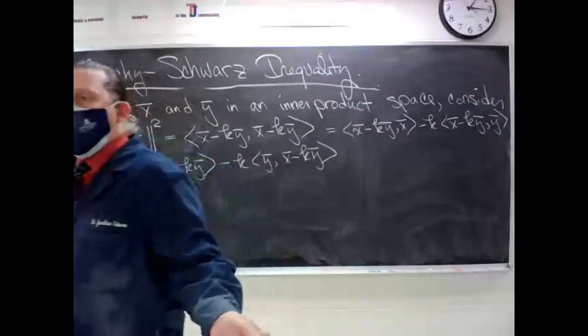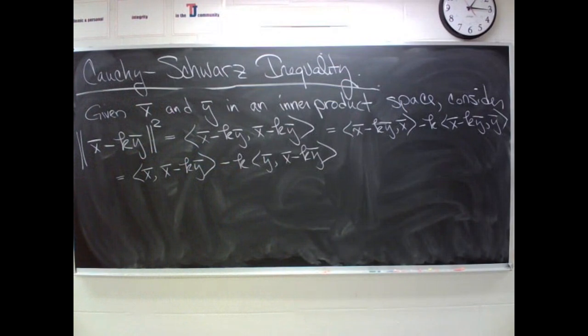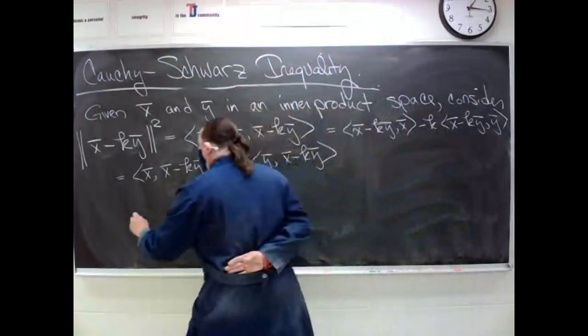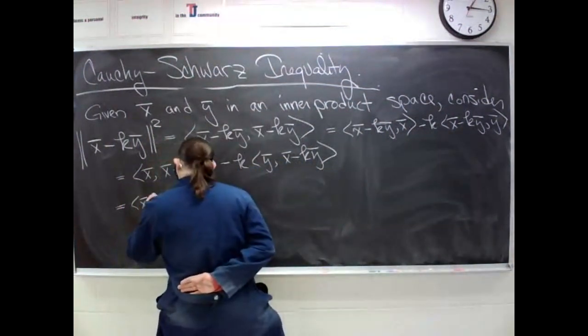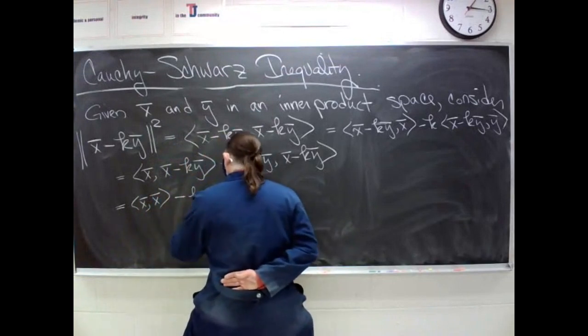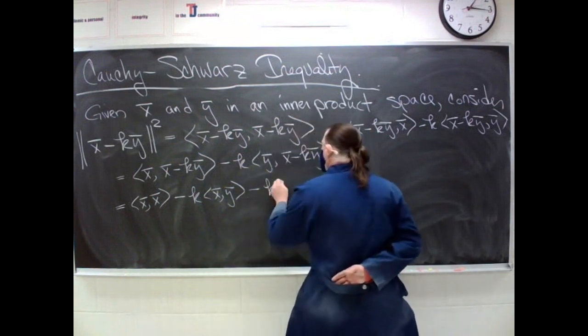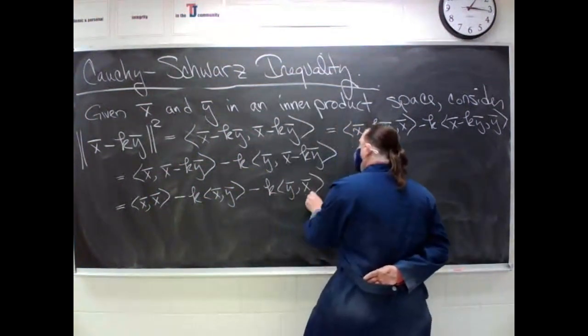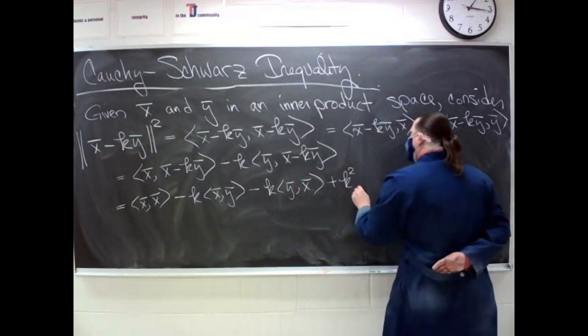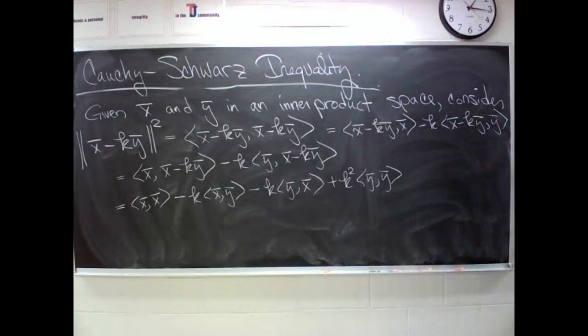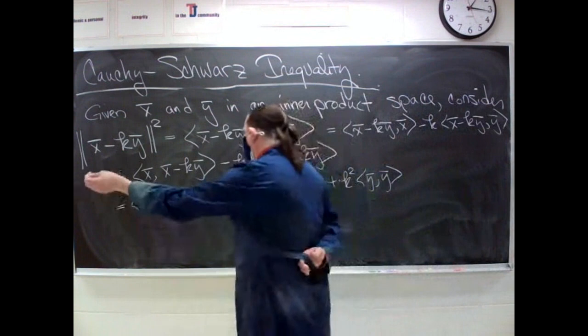What I used there, of course, was property 2, symmetry. And now, I'm going to use linearity again. All right? And then I'm going to use symmetry again.